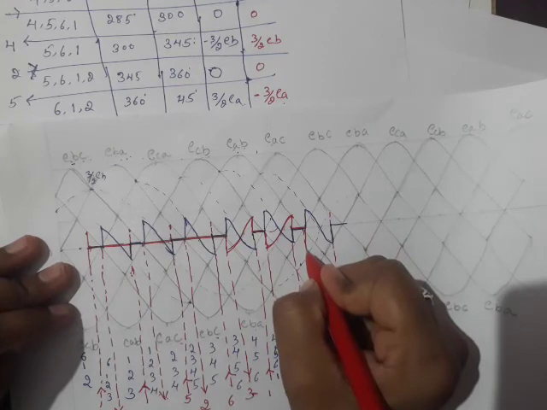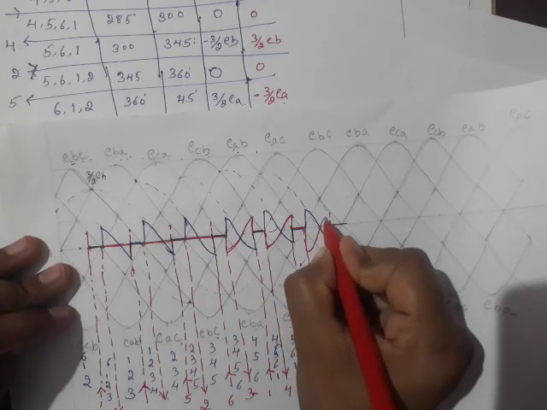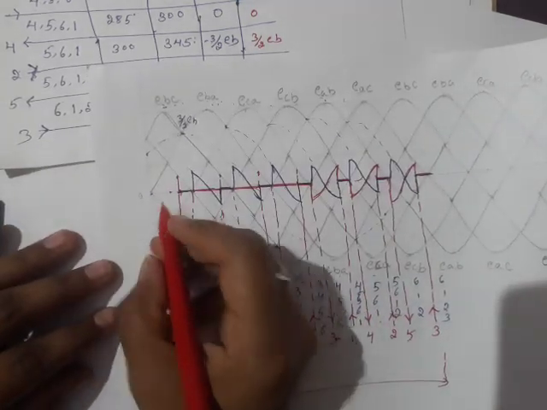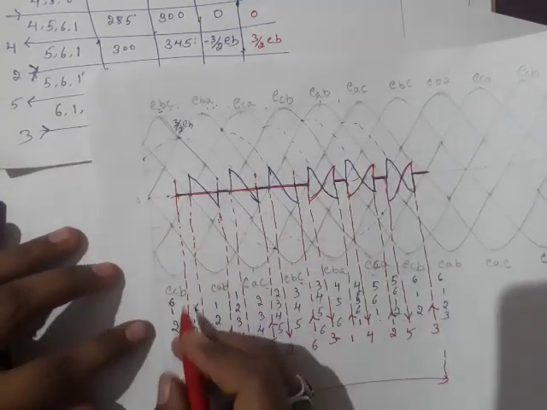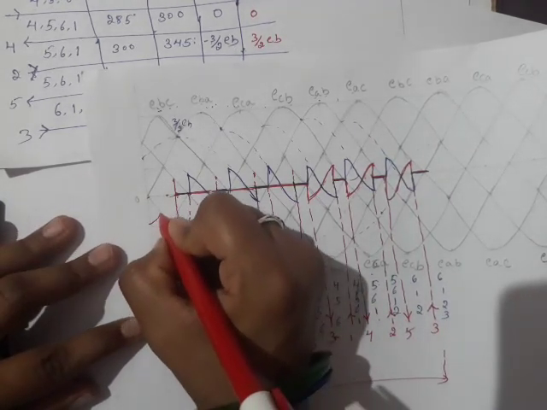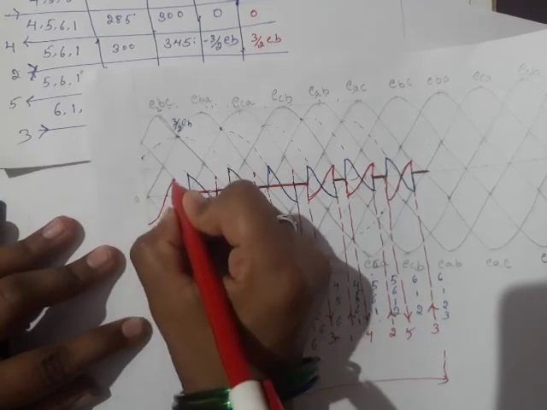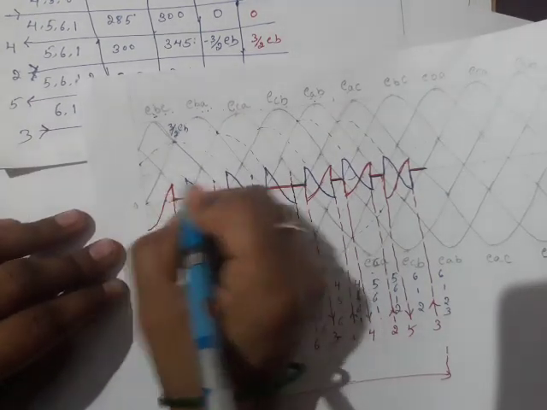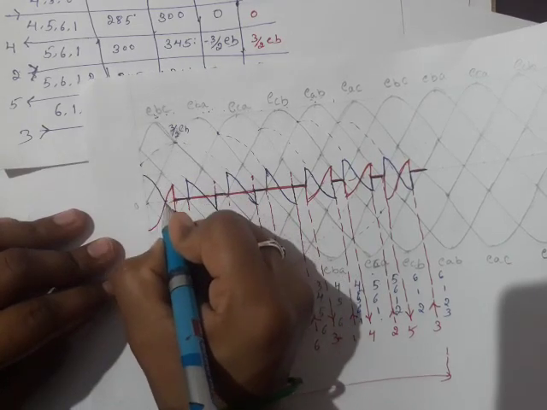Again it is opposite: minus 3 by 2 times EA. Then it will become 0. You can fill here also this side, 612. When 612 is conducting, it is just like this pattern. Then it will become 0. Output voltage also you can write here. You will get it like this.